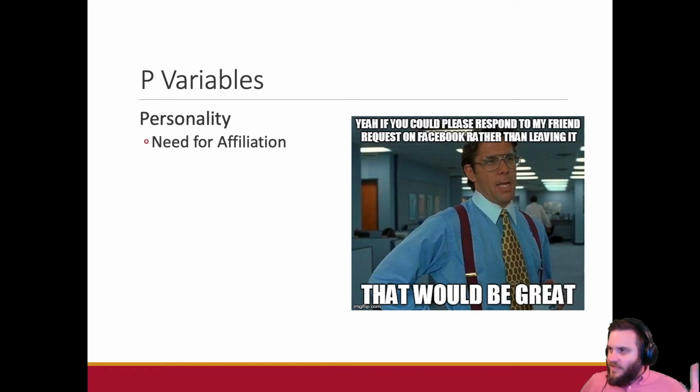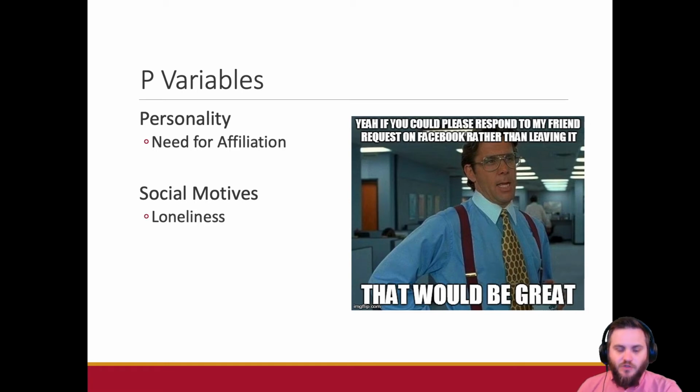We either have a high need for affiliation or a low need for affiliation, but for the most part, we have a need for affiliation. That is going to dictate how we want to interact with people. This goes into what is called a social motive, a motivation for being social, because we do not want to be lonely. Loneliness can kill you.